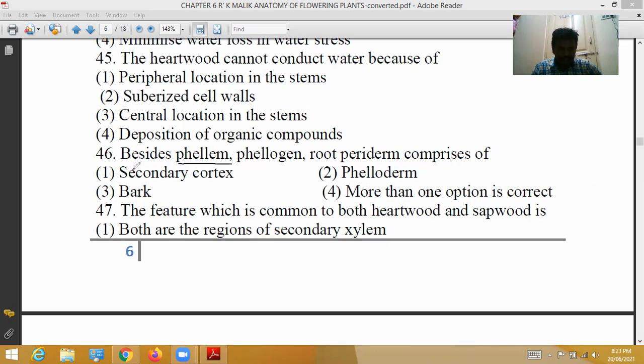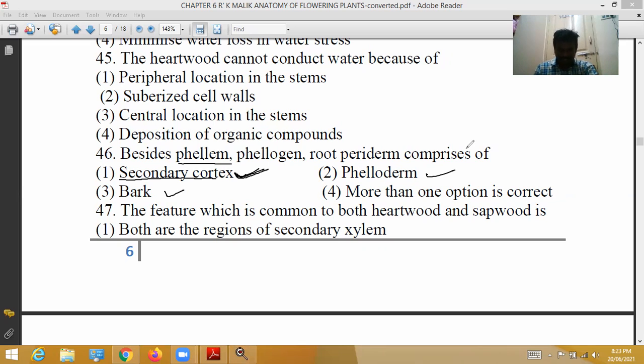Secondary cortex, that is phelloderm. Phellem, phellogen, and phelloderm together make up the periderm. Options like secondary cortex, phelloderm, and bark are located in the root periderm. These three options are correct; more than one option is correct.